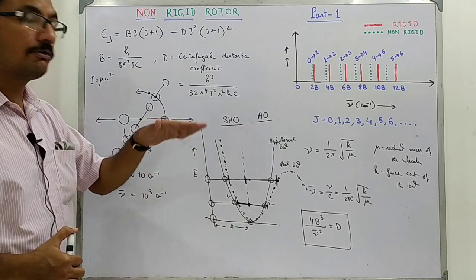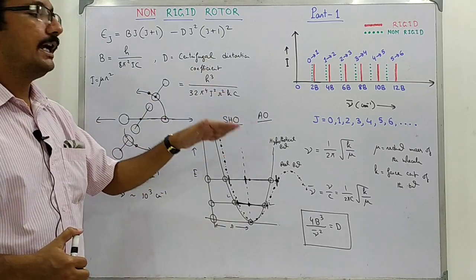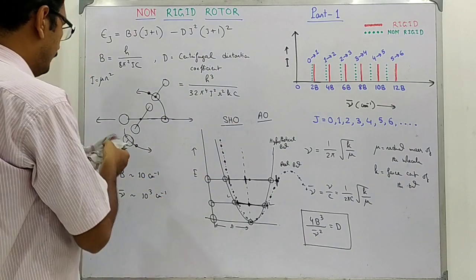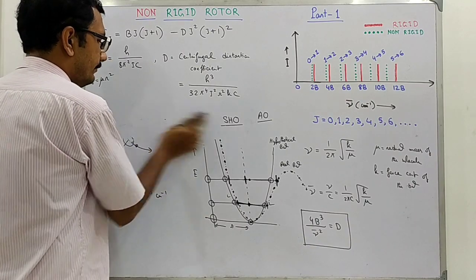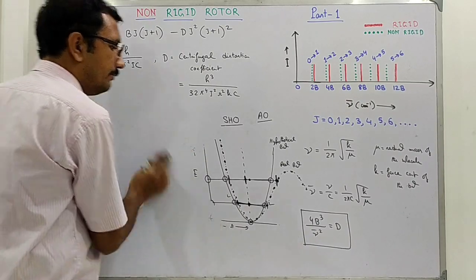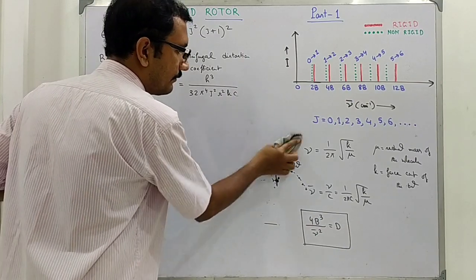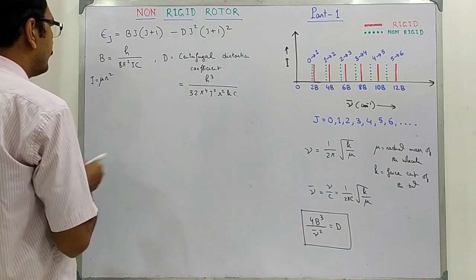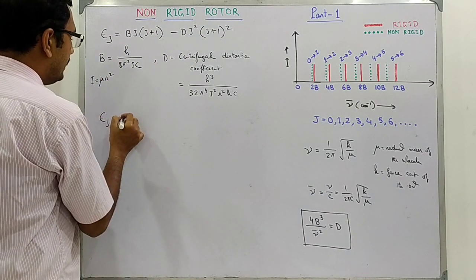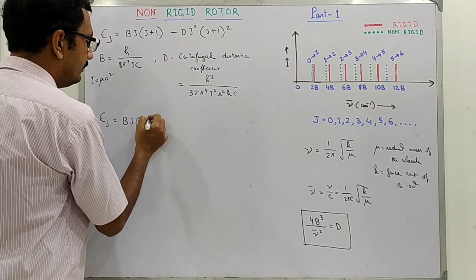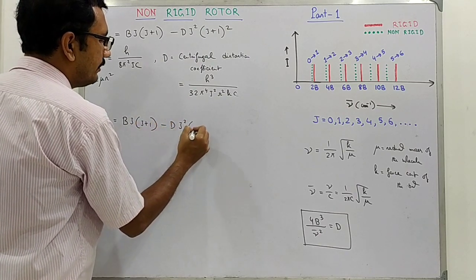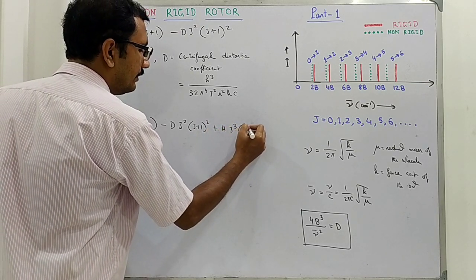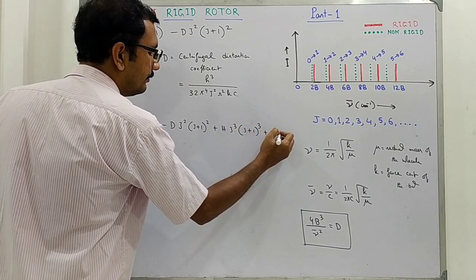So, that we must also incorporate within the Schrodinger equation, and when we put that, the expression of energy will look like epsilon j equals B into j plus 1, minus D into j square into j plus 1 whole square, plus H into j cube into j plus 1 whole cube, and so on.